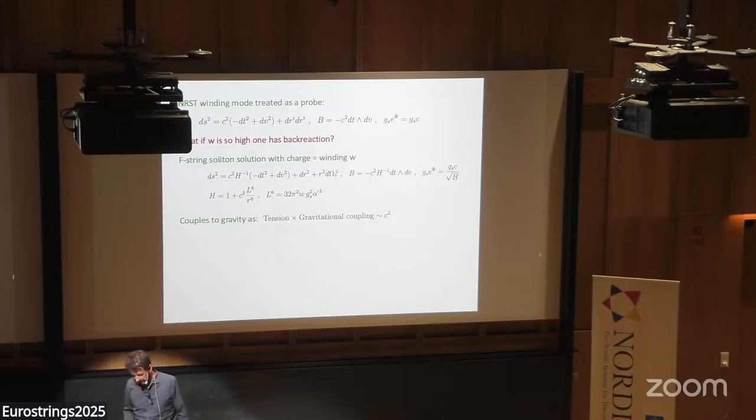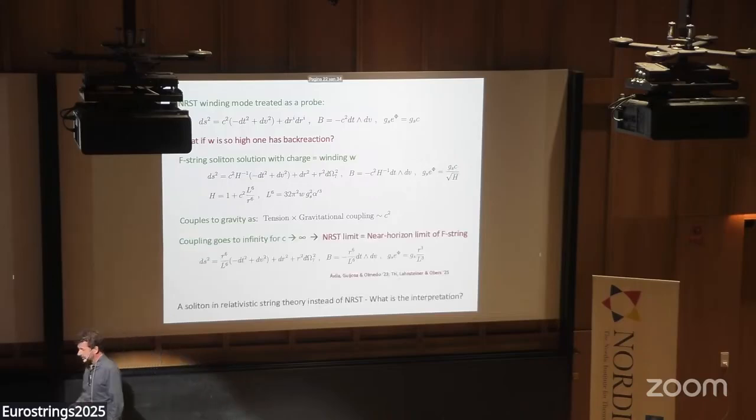And this at first seems a little bit of a mystery, because if you take c going to infinity, you notice that the coupling to gravity becomes infinitely large. So how do you interpret this? Well, that's precisely a near horizon limit.